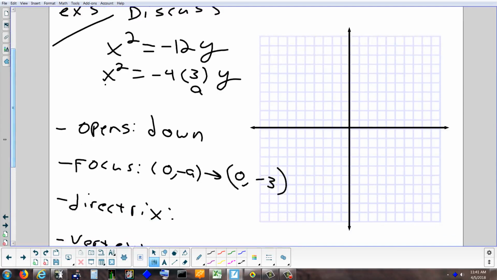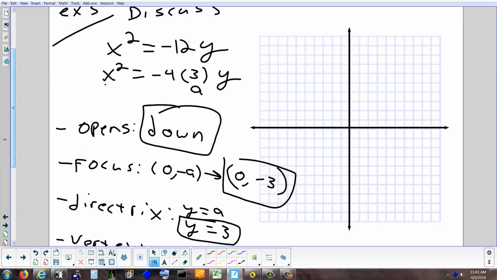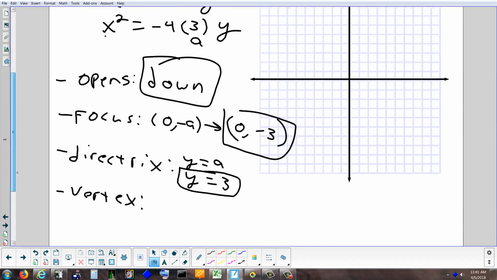Y equals A. I'm just reading it right off the table. So for us, y equals what's A? 3. There's my directrix. And the last thing they want to know is the vertex. Well, for all of them so far, what's the vertex always been? And it says it's 0, 0 in the table.